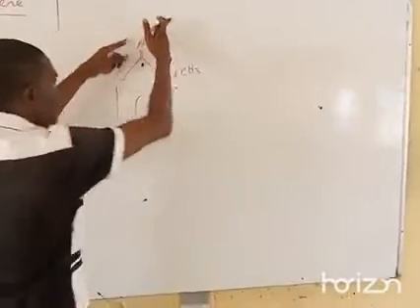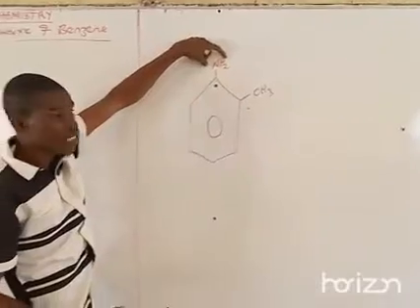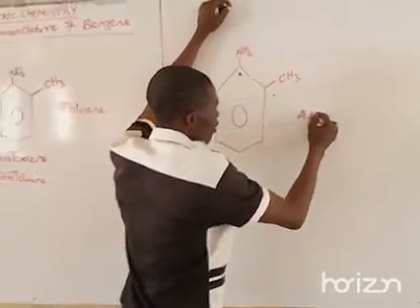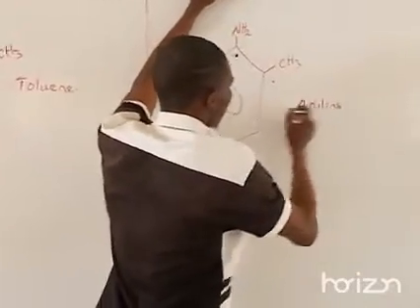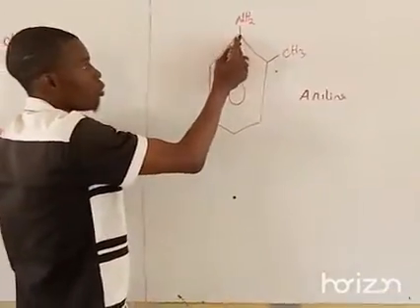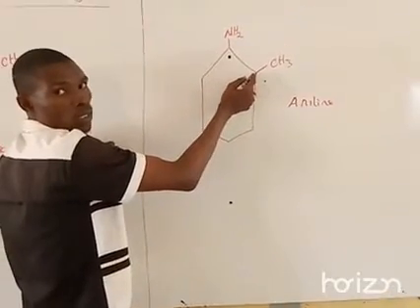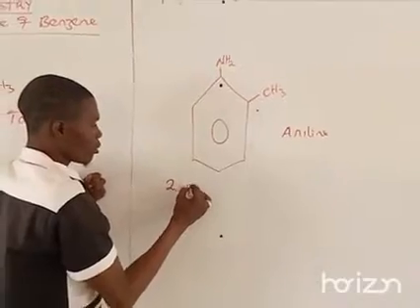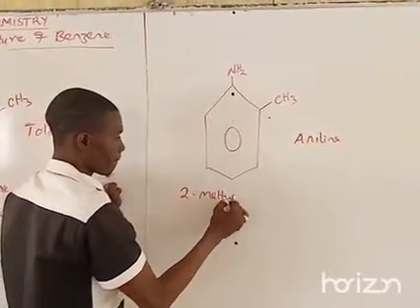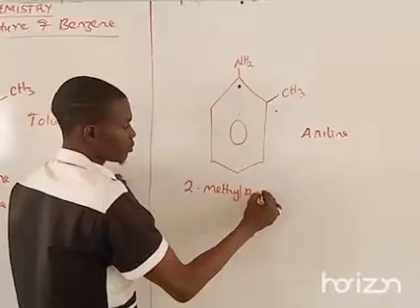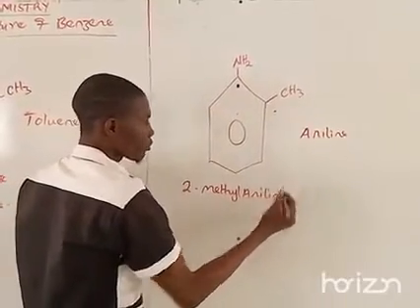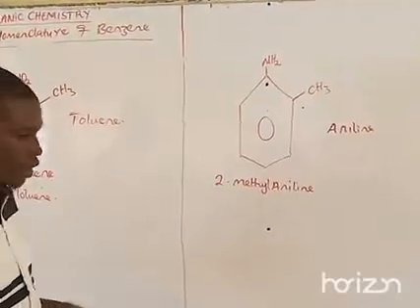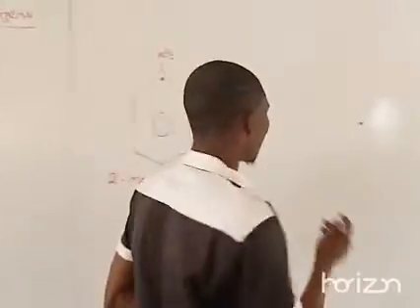Therefore, in this case, remember we said a benzene attached to NH2 is called aniline. So we say the parent name should be aniline. And then we start our counting from here: 1, 2. This is 2-methyl. So we can say 2-methyl aniline.